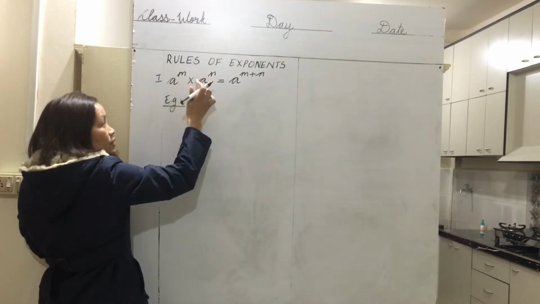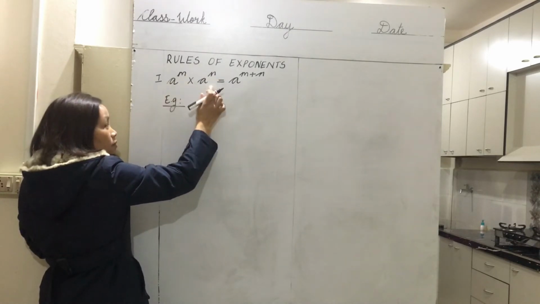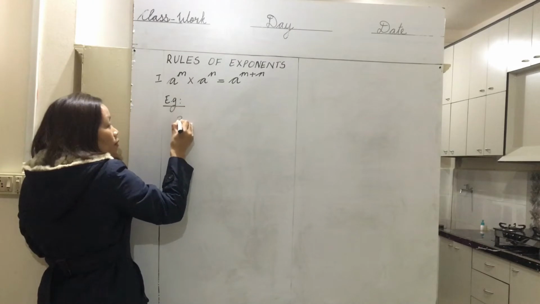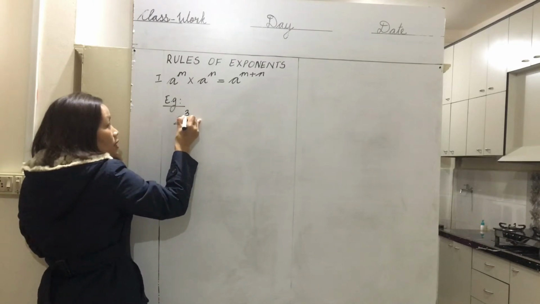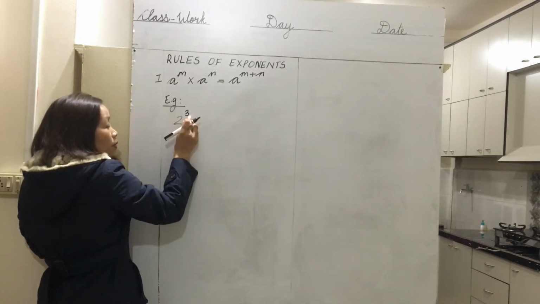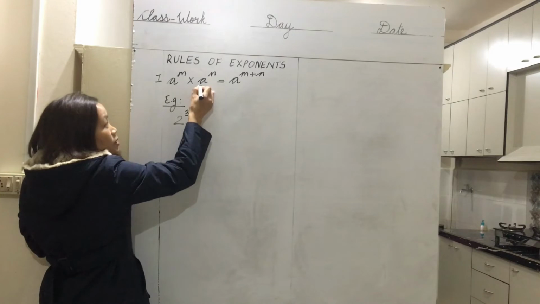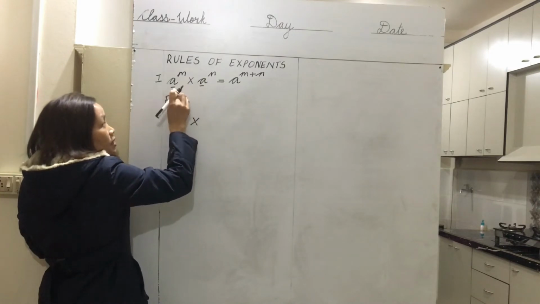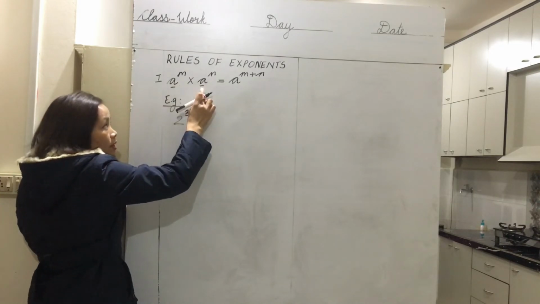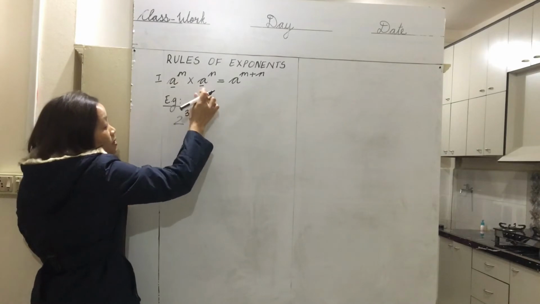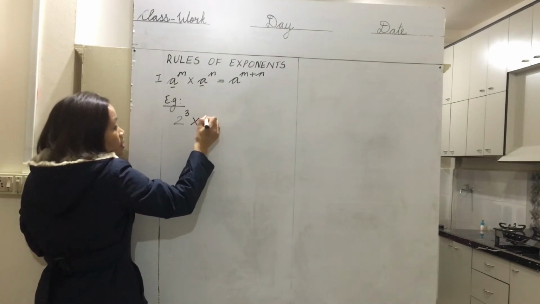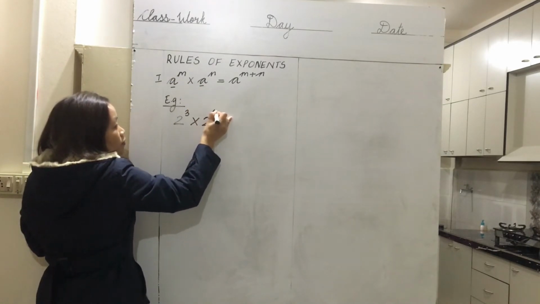When we have numbers like this, for example, when we have 2 to the power 3, here it's like a to the power m, any number with power multiplied by, since we have a here, same basis, right? Same basis, here we have 2 to the power 4.